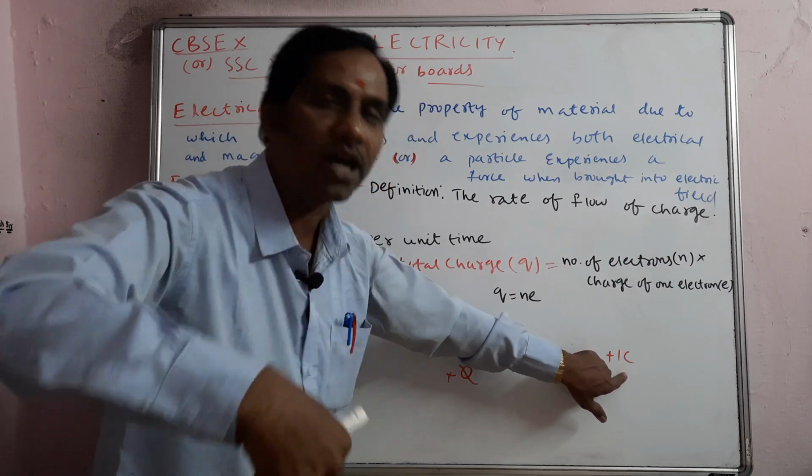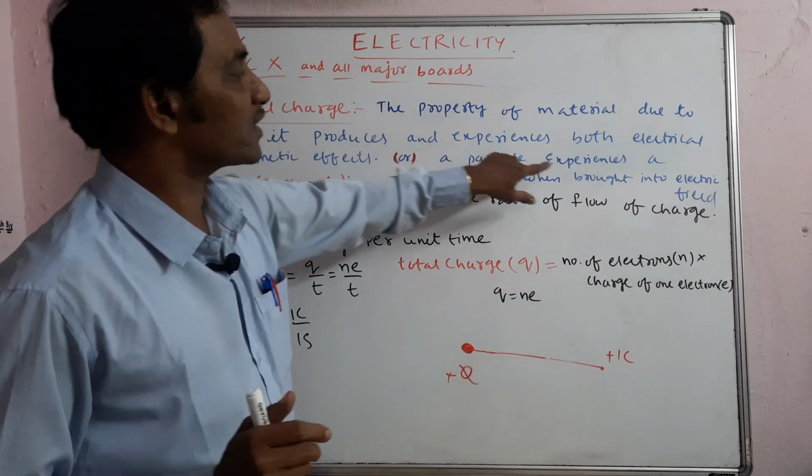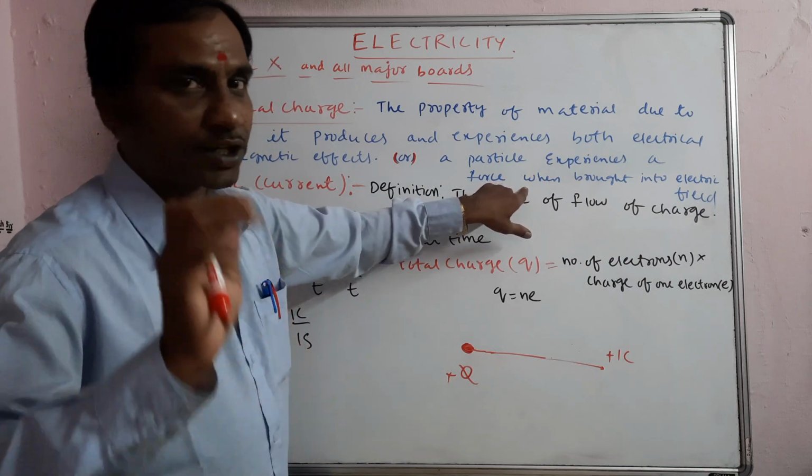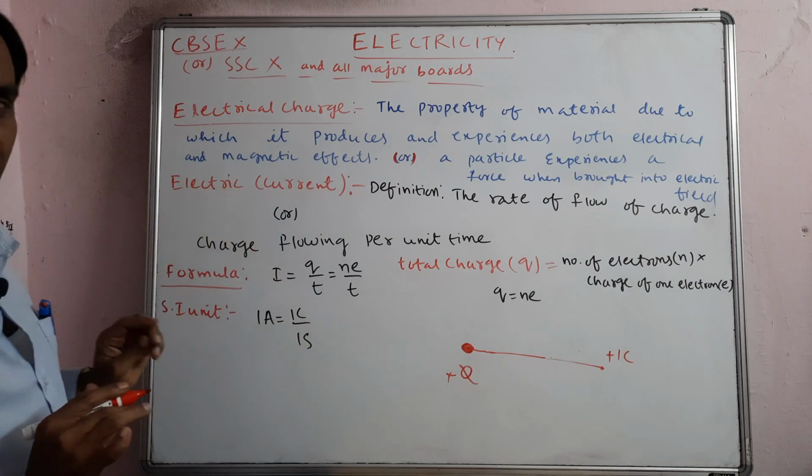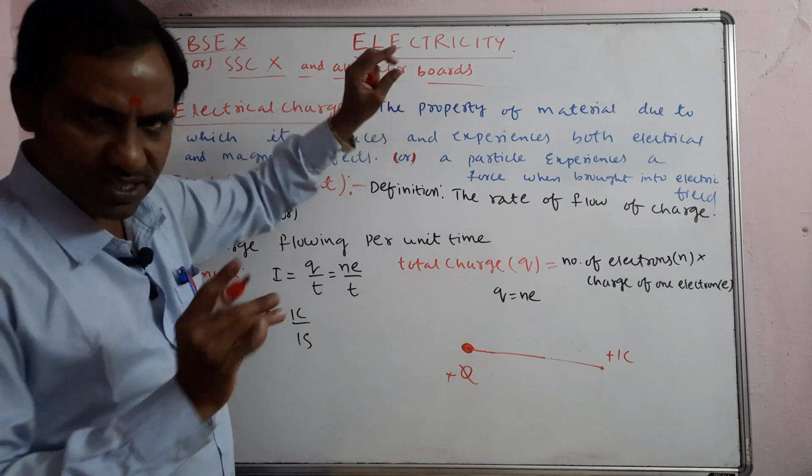It will experience a repulsive force. If you bring an opposite charge, a negative charge, it will experience an attractive force. So a particle that experiences a force, either attractive or repulsive, when brought into the electric field, is called electric charge. Out of these two definitions, you can write either one.